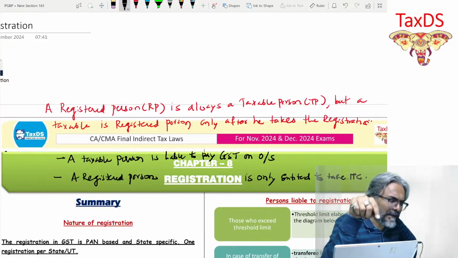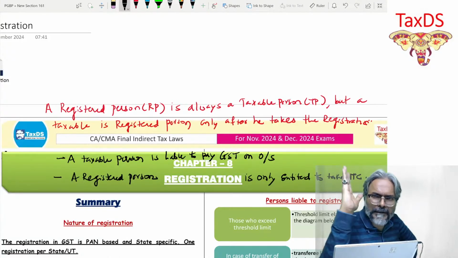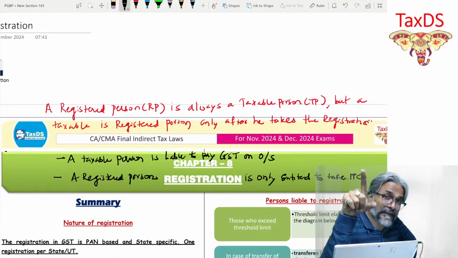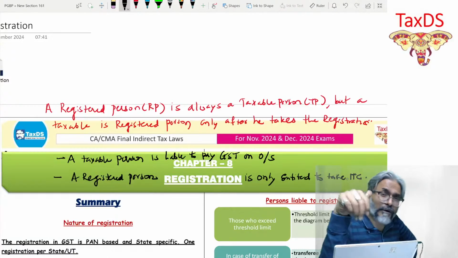But if he has not taken the registration, that does not mean that he will not be making the payment of the liability. He will continue to be liable for the payment of GST on the output supply because he is a taxable person, even though he may not have taken the registration.